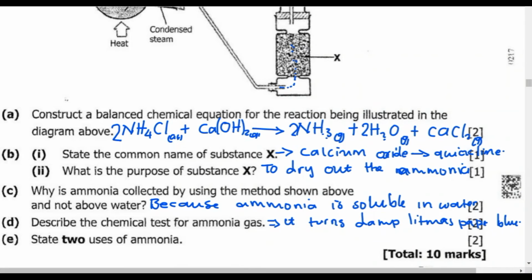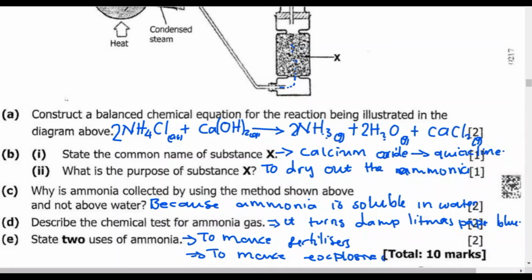Then E states 2 uses of ammonia. The first one, say to make fertilizers, then also to make explosives, because this gas is poisonous.